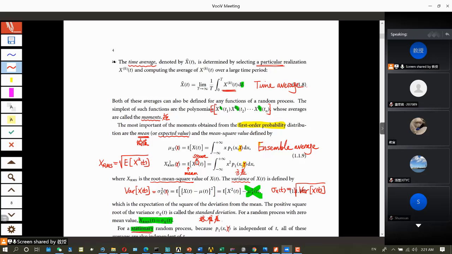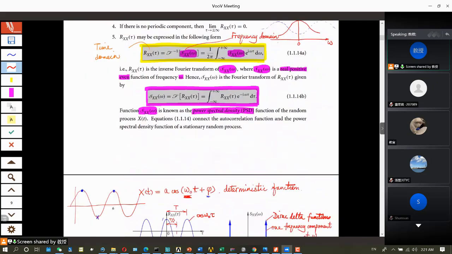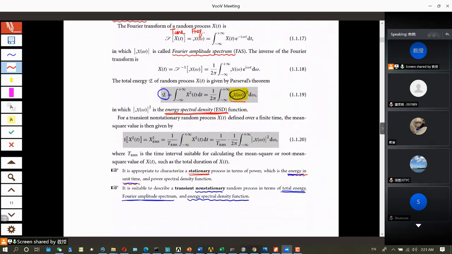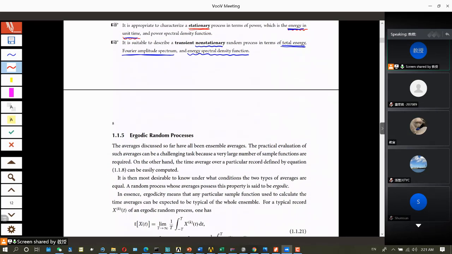In general, time average and ensemble average are different. For some special situations, they are the same. Obviously it's much easier to evaluate time average.